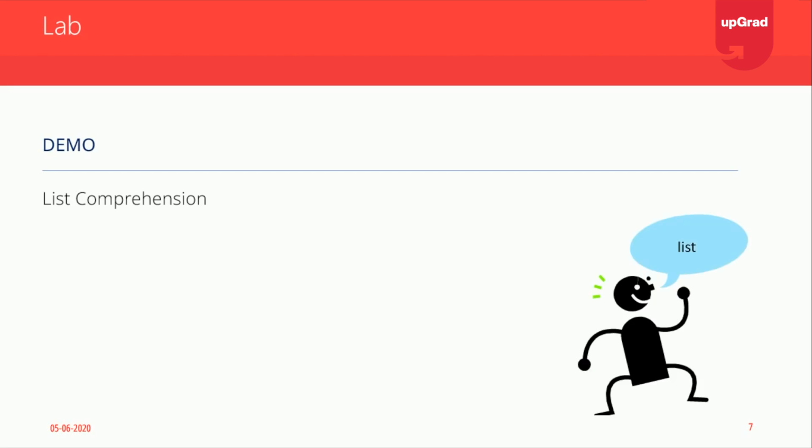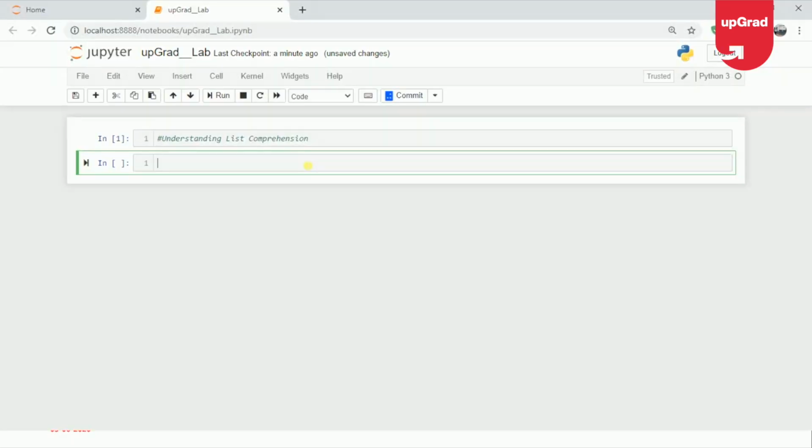Let us try to do a small demonstration on understanding how list comprehension works and how to generate a new list using a list comprehension. Let us understand list comprehension by looking at a simple demo first of all.